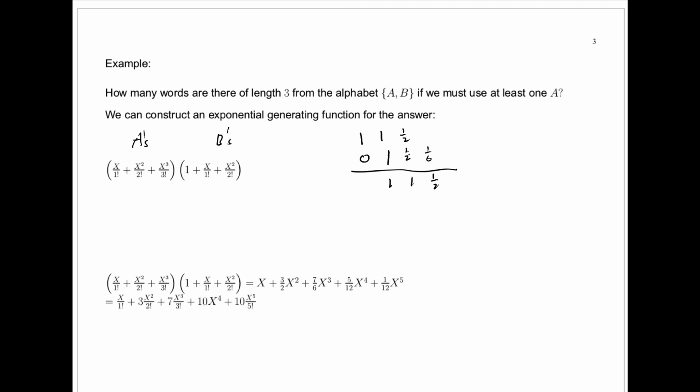Then we shift over again and multiply by 1/2. So I'll have a half, and then 1/4. And then we shift over again and multiply by a 1/6. So I'll have 1/6, 1/6, and a half times a 1/6, which is 1/12. And what do we get? Well, let me still leave that 0 there.